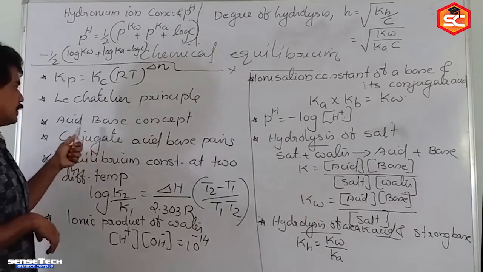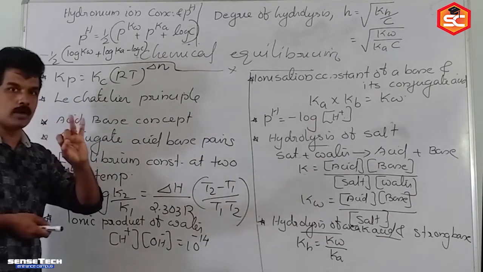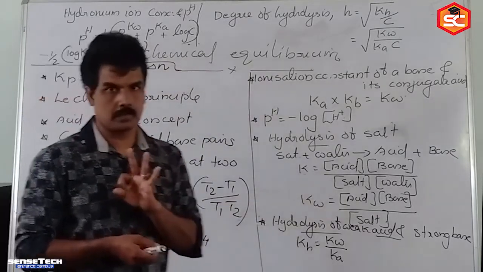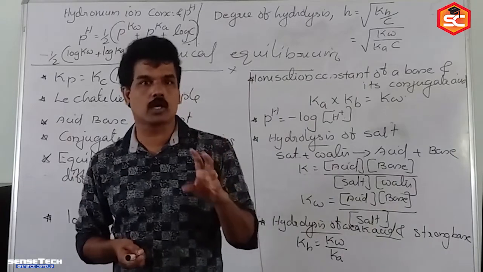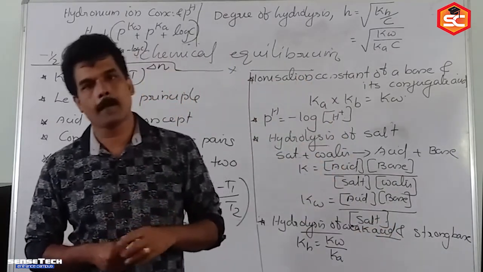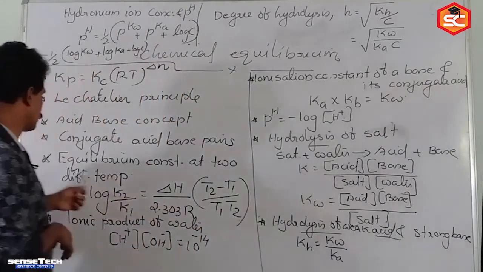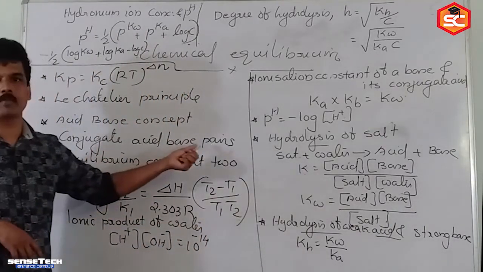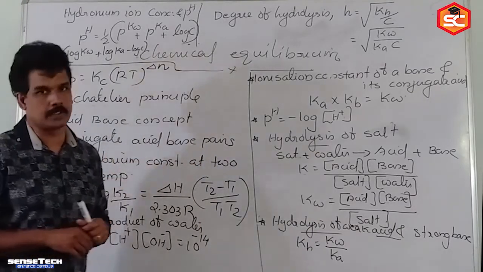Then after that, you studied acid-base concepts: Arrhenius concept, Bronsted-Lowry concept, Lewis concept. Arrhenius concept: H plus ion and OH minus ion. Bronsted-Lowry concept: H plus donated by the acid, H plus accepted by the base. Lewis concept is based on lone pair of electrons. And then we studied conjugate acid-base pairs, the pairs that differ by an H plus ion.